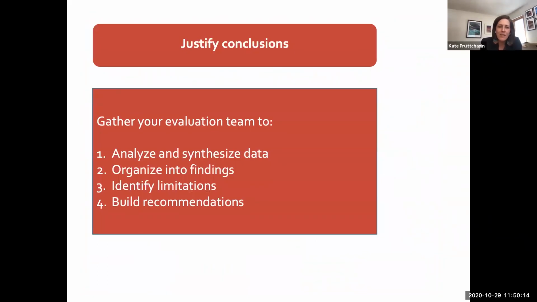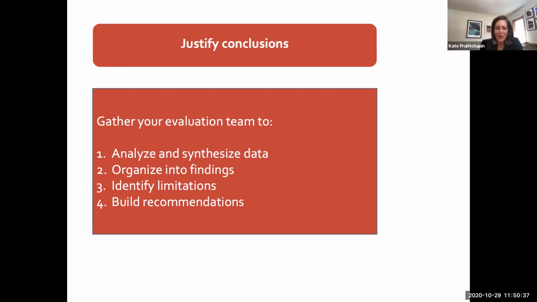Okay, so this is that justifying conclusions, or analyzing the data. Well, earlier I talked about how a resistance maybe to evaluations is that it can feel complicated. And I would say that it can, but it also doesn't have to be. So get a team together to look at your data.